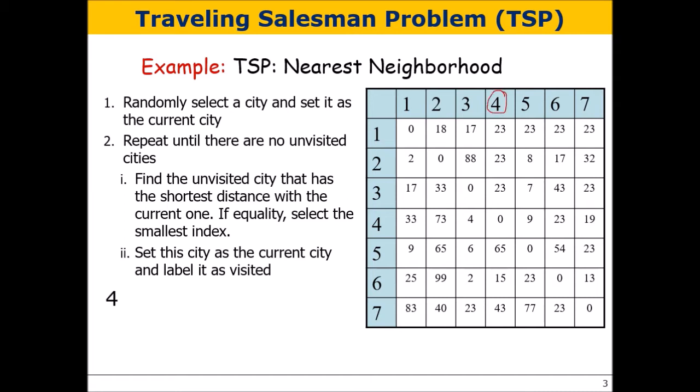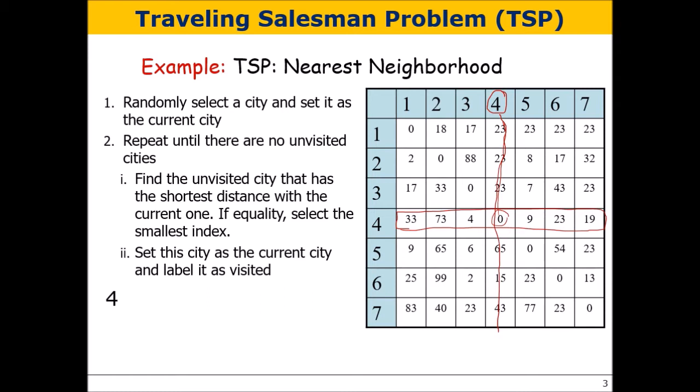Then it says to find the unvisited city that has the shortest distance. The unvisited cities are 1, 2, 3, 5, 6, 7, and I will look at this row over here and find the minimum. Of course, the minimum one is this 0, but it corresponds to the same city, so I shall not consider this column.